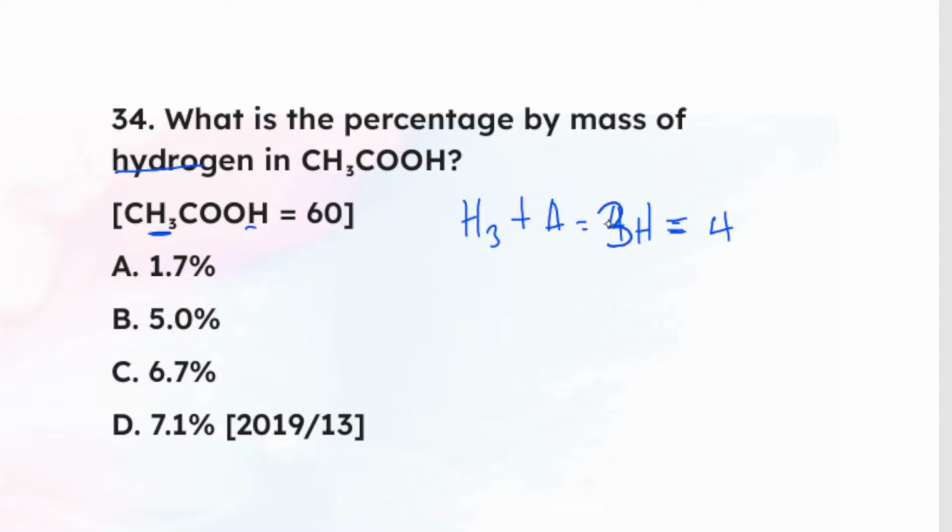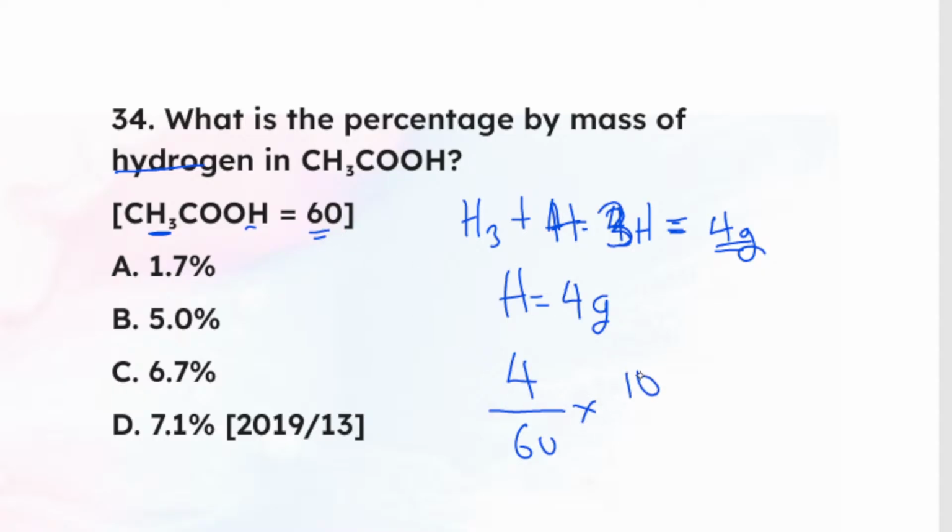So I should have said 3 plus 1. This is 3, this is 1 hydrogen, and that's going to be 4. Okay? So if we have that as 4 times 1, our total mass of hydrogen here is 4 grams. So we're going to put that as a fraction over 60, which is the relative molecular mass of the compound, times 100 over 1. Right?